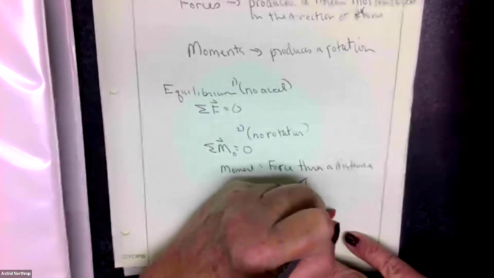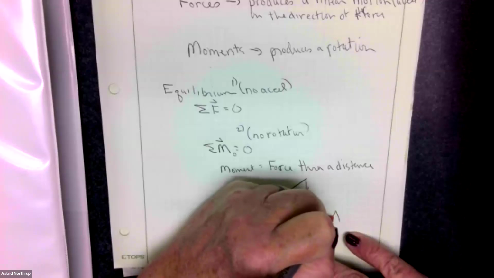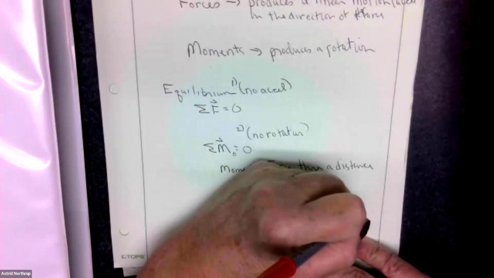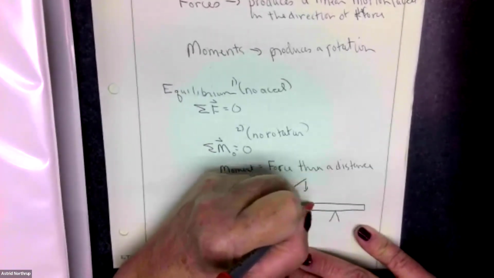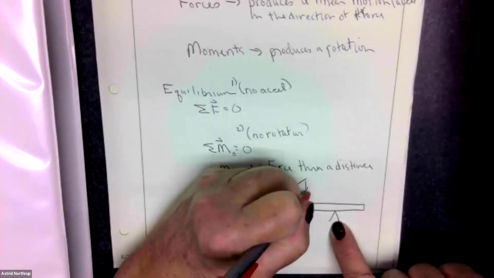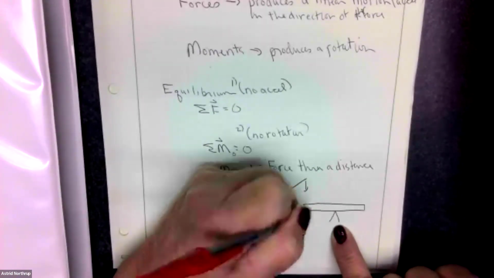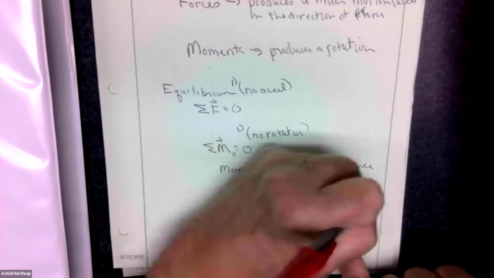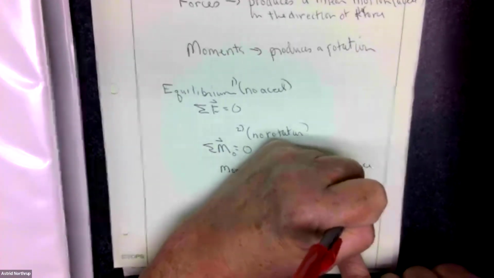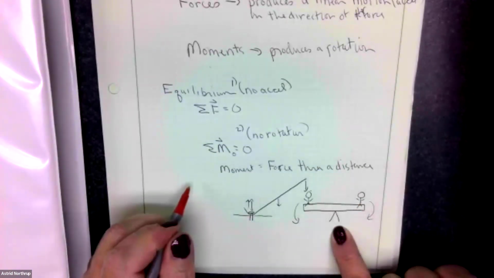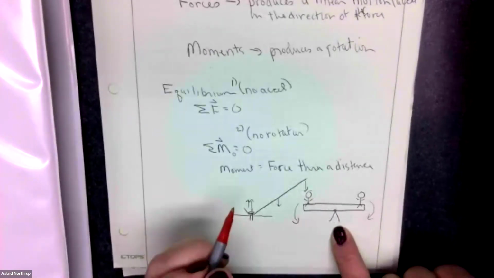Another example is a teeter-totter. I don't know if you guys have ever been on one. It might be a thing of the past. But a teeter-totter basically has a pivot point. If you put a child here and a similarly weighted child here, you're really not going to go anywhere. Everything's just going to be balanced.